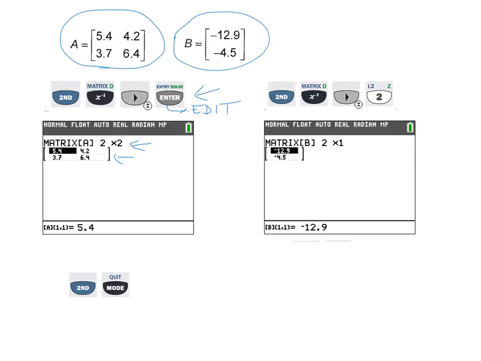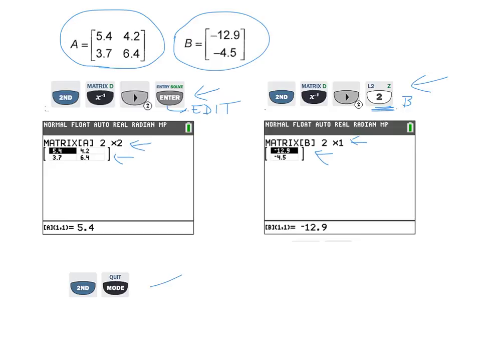Then you go back into the matrix menu, second matrix, arrow twice over to edit, and this time you're choosing number 2 because you're editing matrix B. Put in matrix B's dimensions, it's a 2 by 1, and then the entries, pushing enter after each one, negative 12.9 and negative 4.5.